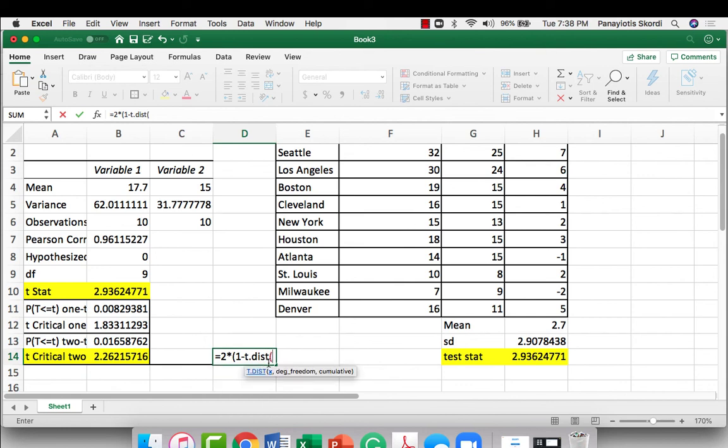And the value we need to put in there is the test statistic, which I said is 2.94. We can actually put in the accurate value, which is this thing in here. And then we can put in the degrees of freedom, which is n minus 1. And then we can put in our 1 or our true, close the parentheses, and see what we get. And indeed, look what we get. We're getting this figure in here, which is exactly the same as this figure in here.